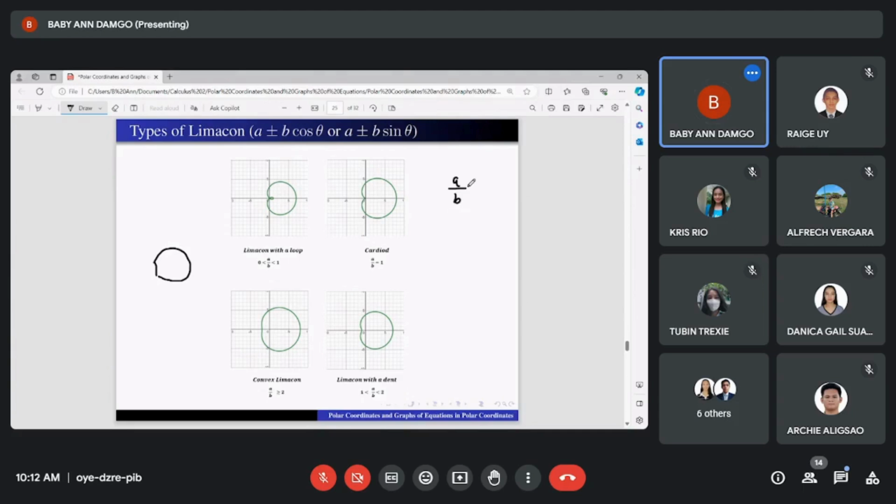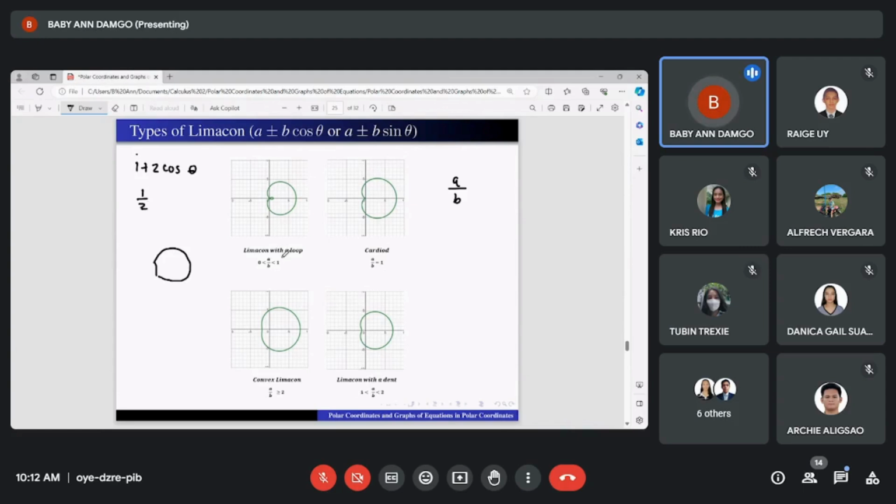So like example, we have 1 plus 2 cosine theta. So this is our A here is 1 and then our B is 2. So we have 1/2. Okay? So ato na siyang i-check class kung asa siya nabutang nga restriction. Okay?